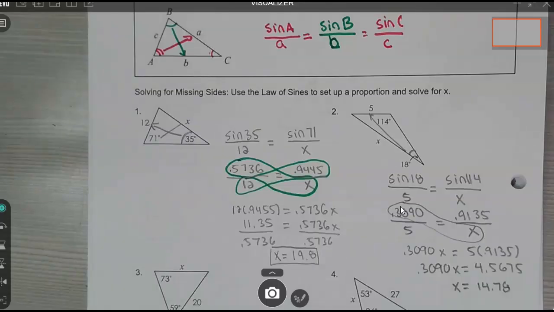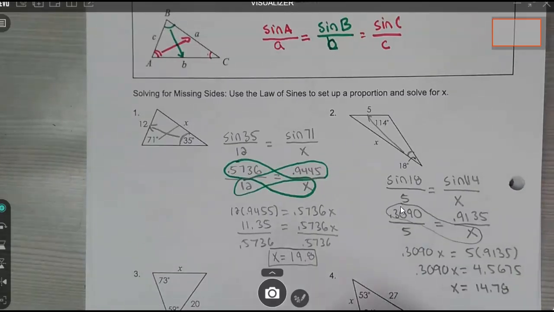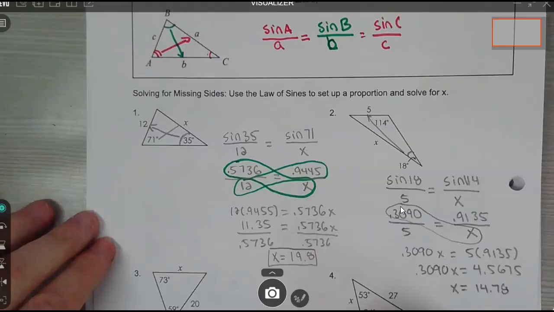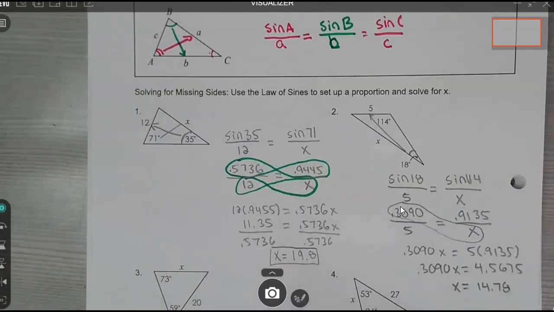Okay? So I can use this when I have an angle and a side that are across from each other. So I'm going to ask you guys to try 3 through 8 for me. I'm going to ask you to pause the video, try those, and then check your answers with what I got. Okay?